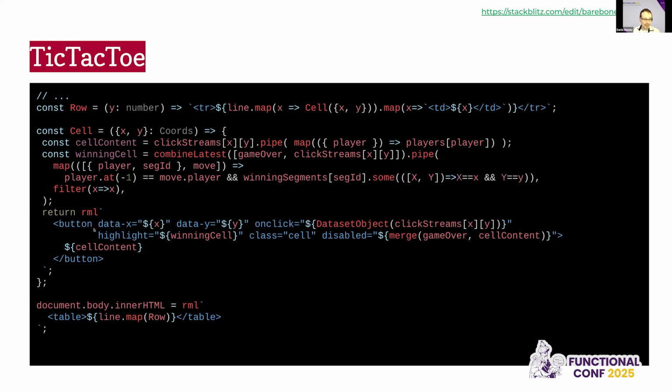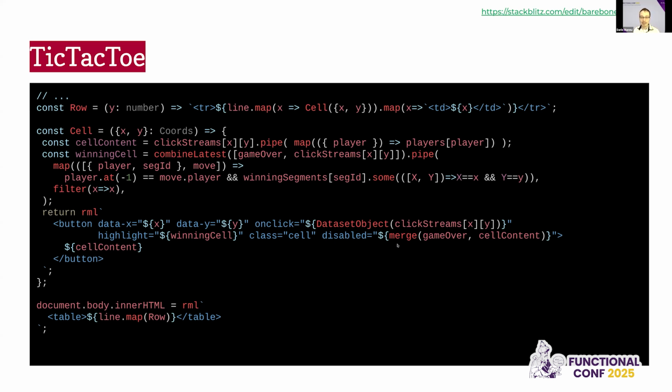You got your template button with data attributes X and Y. On click, you feed a stream of X and Y clicks through dataset object, which is an event adapter again. So this dataset object essentially takes all the data attributes of the current source, in which case X and Y, will merge them into an object and will feed this reactive stream, click streams X and Y.